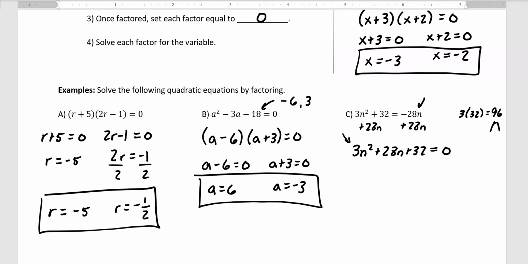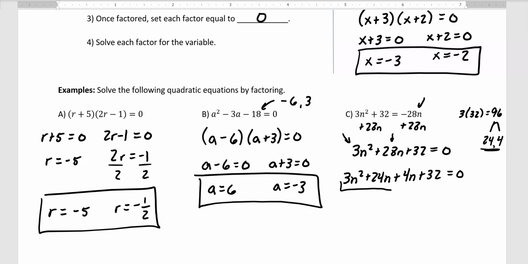Thinking about it, I know 25 times 4 is 100, which means that 24 times 4 is 96. 24 and 4 add up to 28. So I can factor this. Remember, I'm going to use those numbers, 24 and 4, to rewrite 28n. So I'm going to say 3n squared plus 24n plus 4n plus 32 equals 0.